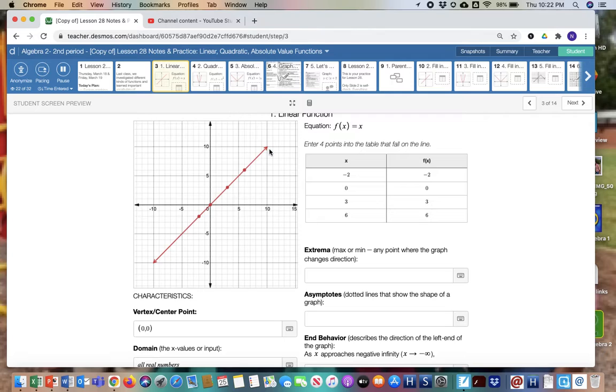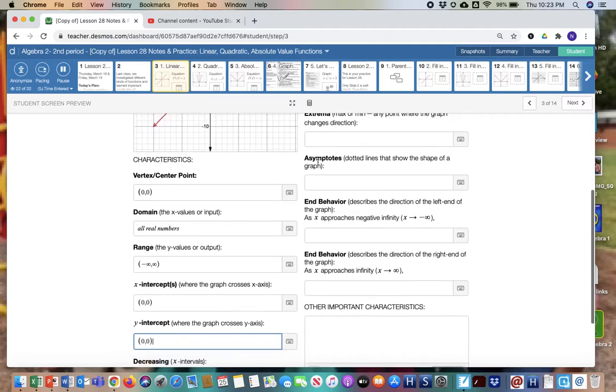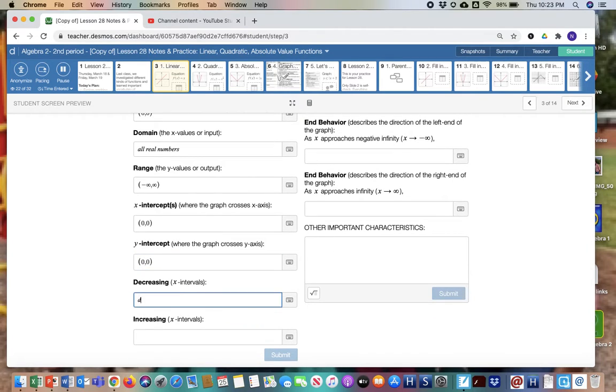Well, the whole time as we go from the left to the right, we go up. So if you read this from left to right, you always go up. So in other words, the decrease interval is, well, there isn't one, so we write DNE for does not exist. And then the increase interval is going to be all real numbers, or negative infinity to infinity.